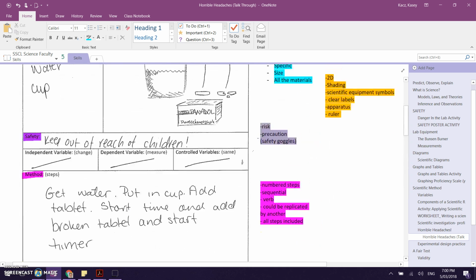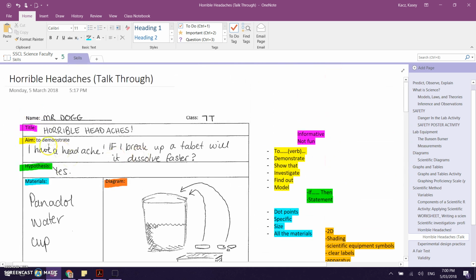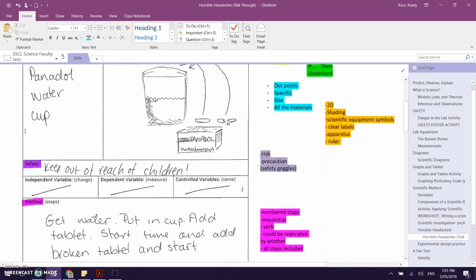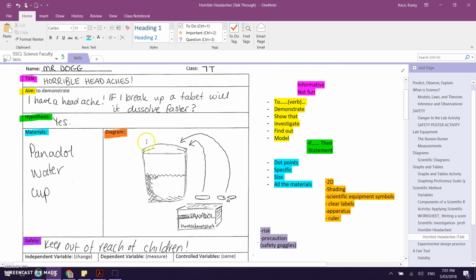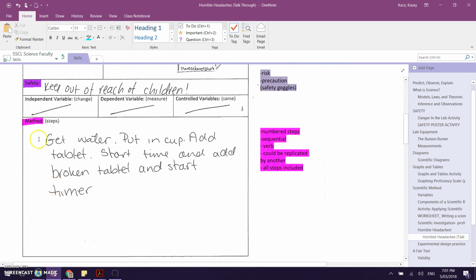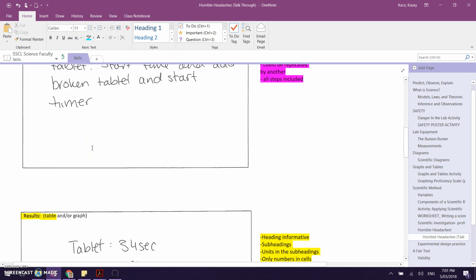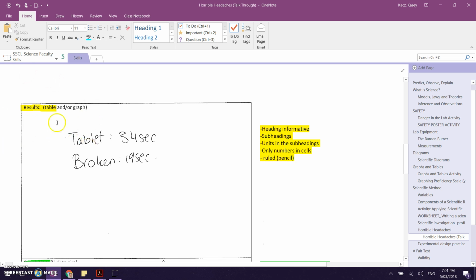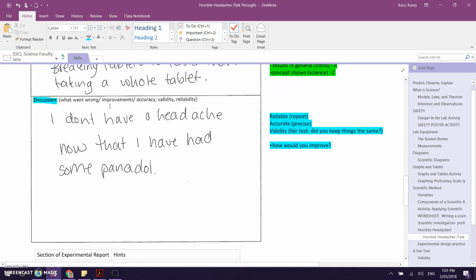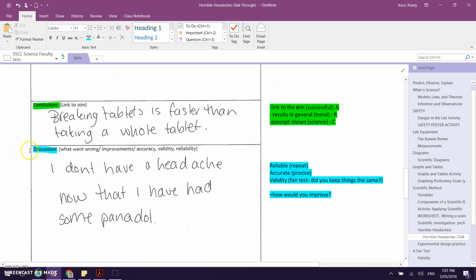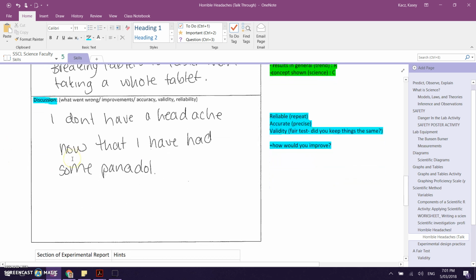Alright, so going back to the top, we've talked about what things you need in order to write an amazing scientific report: for the title, the aim, the hypothesis, the materials in the diagram, the safety precautions you need to take, what method criteria you're following, things you need in a results table, what makes a good conclusion, and how to write a scientific discussion.